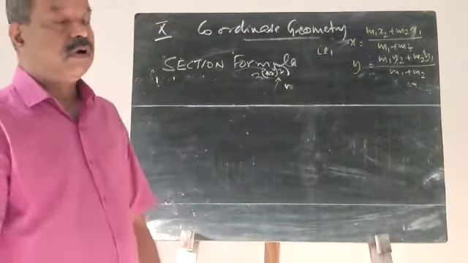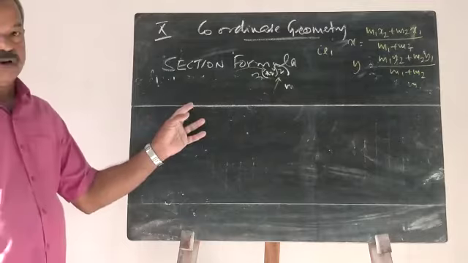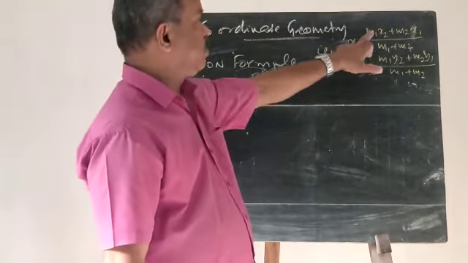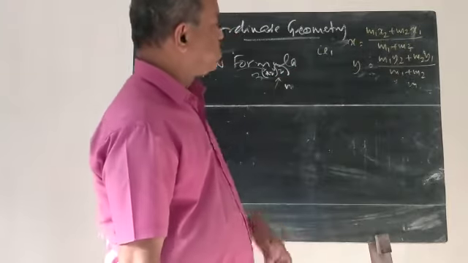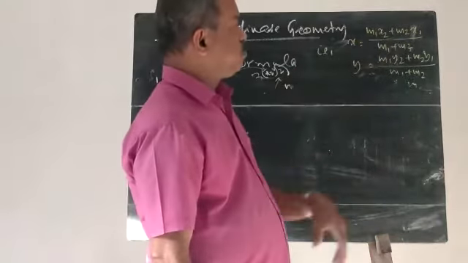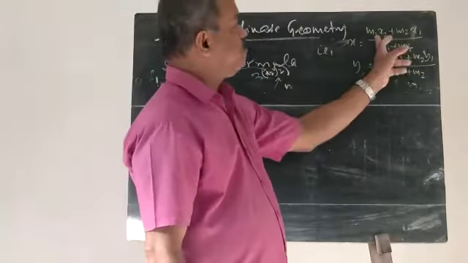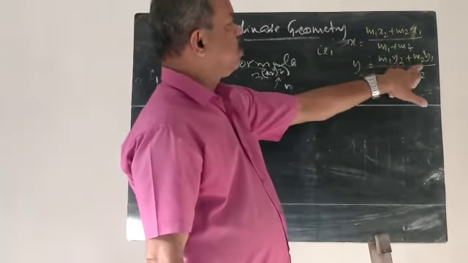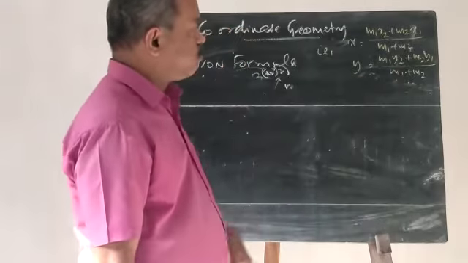So in this section formula we studied x equal to (m1 x2 plus m2 x1) by (m1 plus m2) and y equal to (m1 y2 plus m2 y1) by (m1 plus m2).